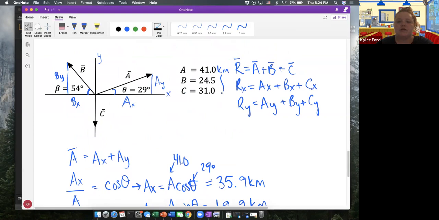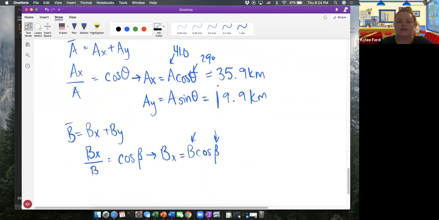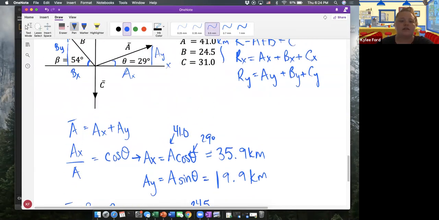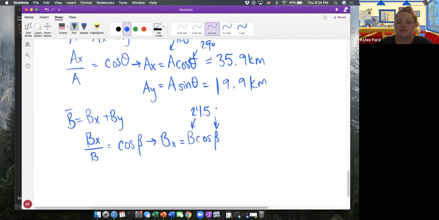B is 24.5 kilometers, and our angle here is 54 degrees. Using our calculator, 24.5 times cosine of 54 degrees, we get 14.4 kilometers.